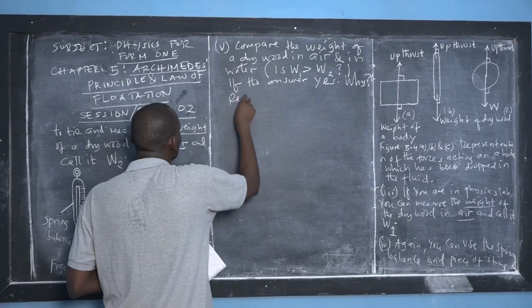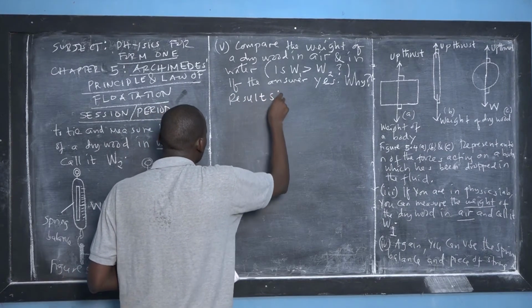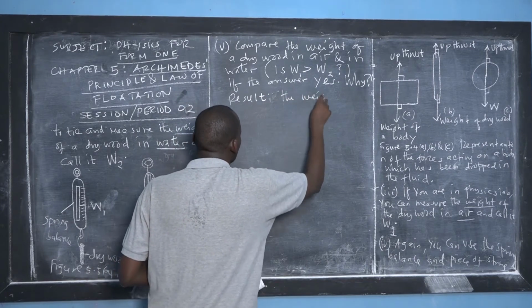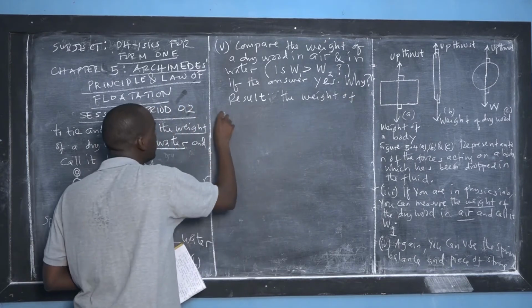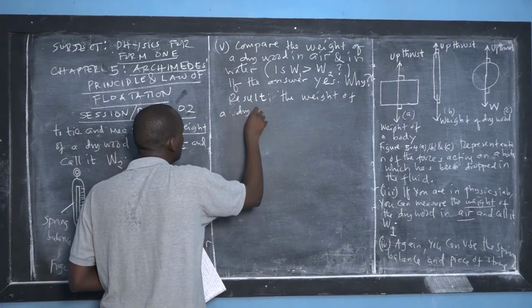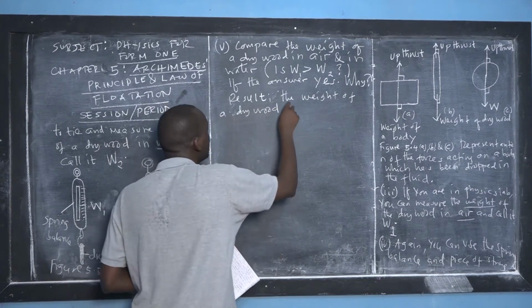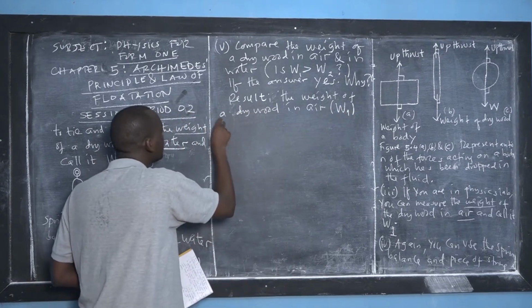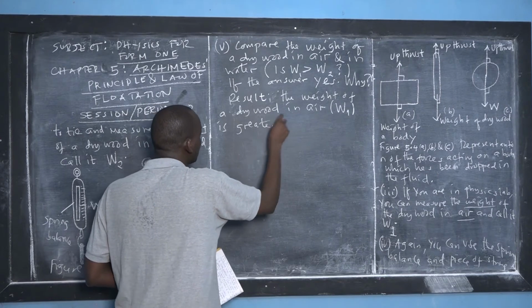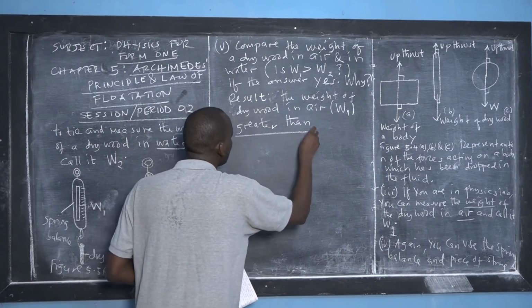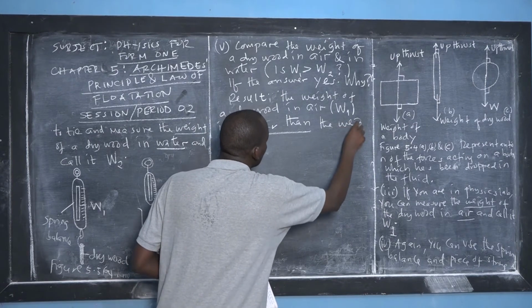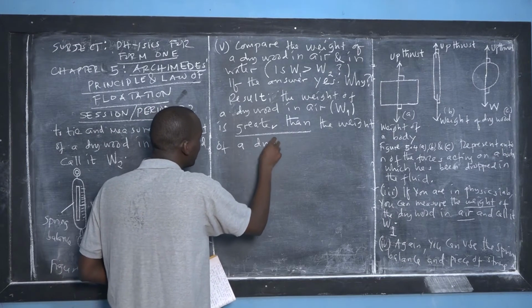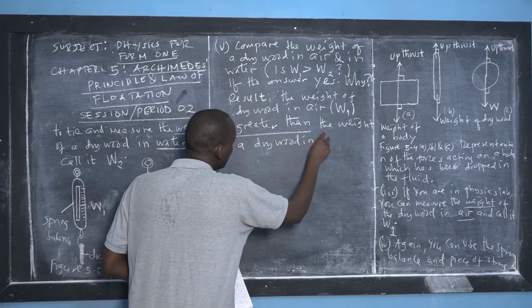Let us say the results: the weight of a dry wood in air, which you call W1, is greater than the weight of a dry wood in water.